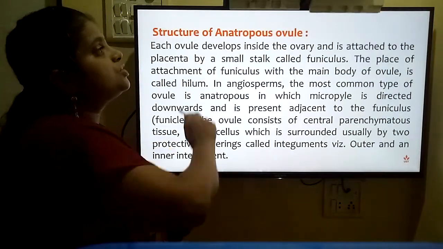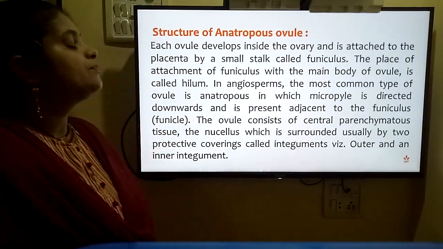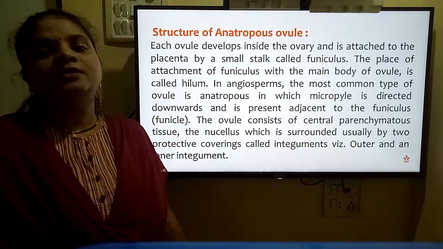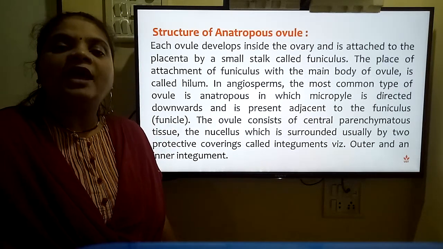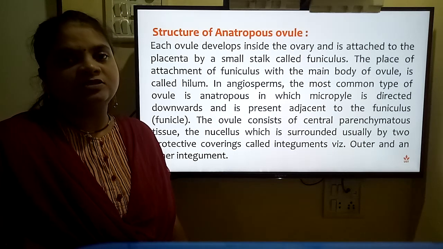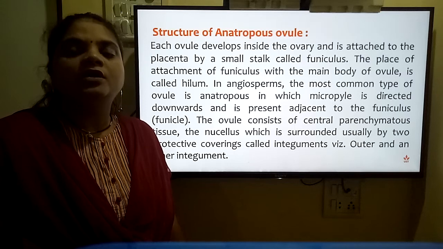Now the structure of the anatropous ovule. Each ovule develops inside the ovary and is attached to the placenta by a stalk-like structure called the funicle.